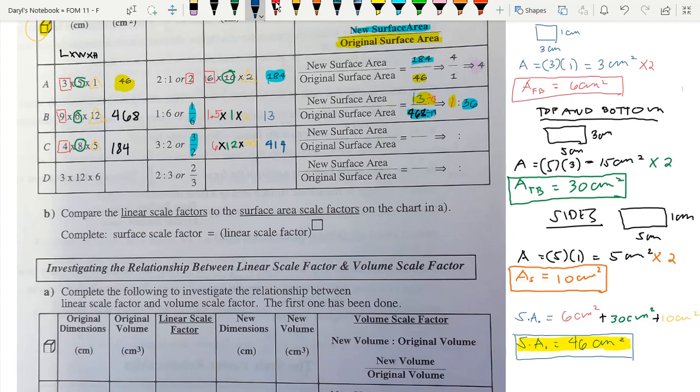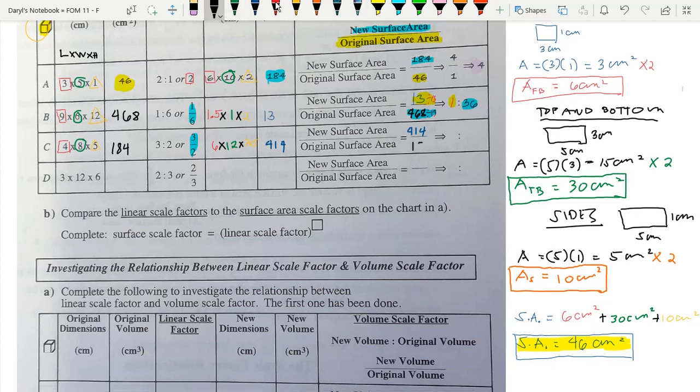So again, to get the value of the surface area scale factor, it is just the ratio of the new surface area, which is 414, all over the original surface area, which is 184.